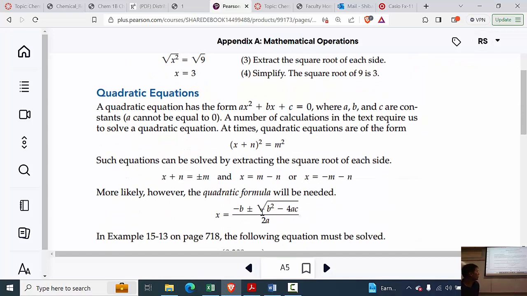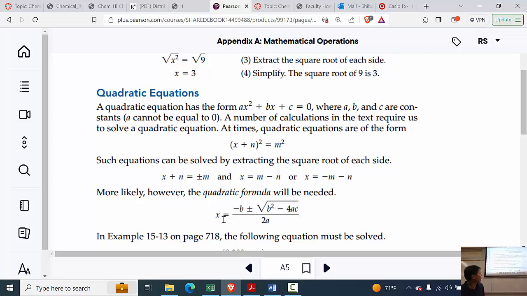If we have a second order equation, and you don't want to get that calculator, the Casio FX115 can solve quadratics easily. You just have to get it in the quadratic form, which is up here, ax squared plus bx plus c. And then you just plug in A, B, and C, and then it gives you the two x's. You can also use the quadratic formula.